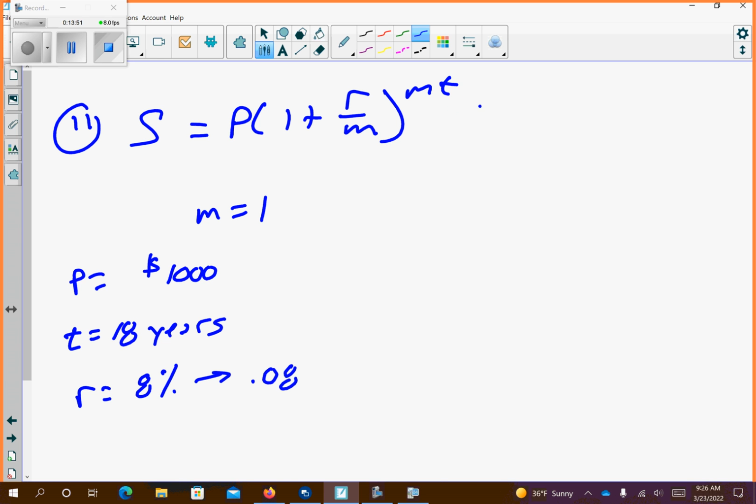Then number 12 says a couple needs $15,000 for a down payment on a home. If they invest $10,000 at 8% compounded quarterly, how long will it take the money to grow to $15,000?